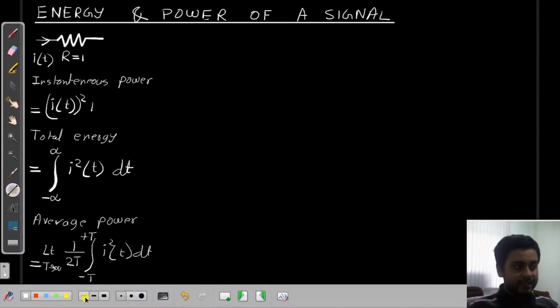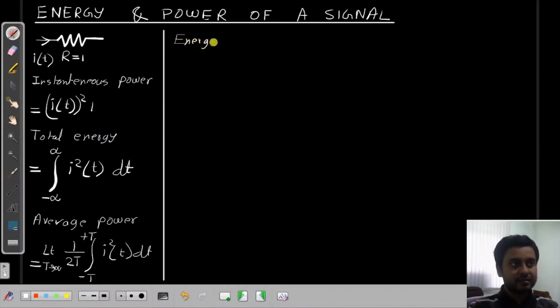Now keeping this in mind, we define the energy of a general signal, general function of time x(t), as integration of x square t dt from minus infinity to plus infinity, and you may also write it this way, minus T to plus T with limit T tending to infinity.